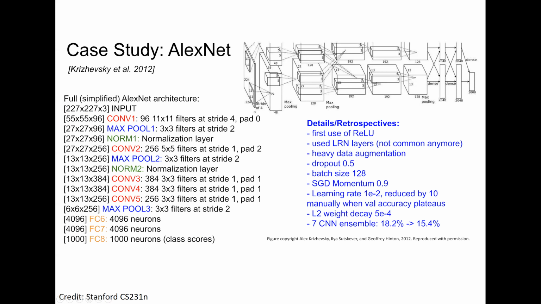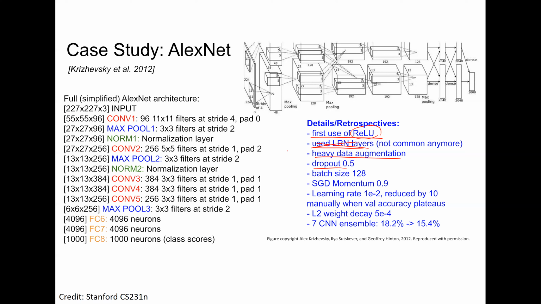Okay, the details and lessons from this design are these. This architecture first used the ReLU activation, and it used LRN layers for normalization. However, no one uses this layer anymore. And they applied heavy data augmentation, and they also used dropout.